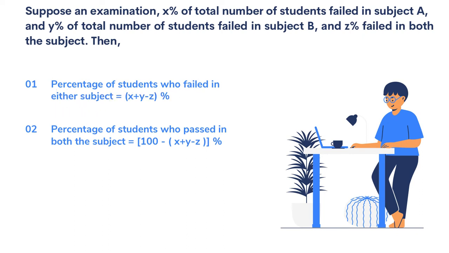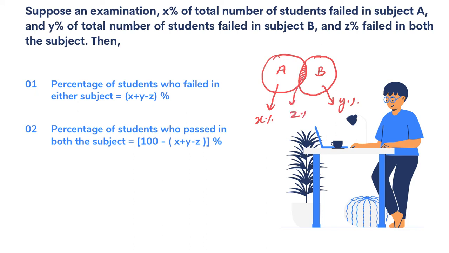Suppose this is the number of students who failed in subject A, and this is the number who failed in subject B. The number of students is given as X percentage and Y percentage, and the students who failed in both subjects is Z percentage, right?